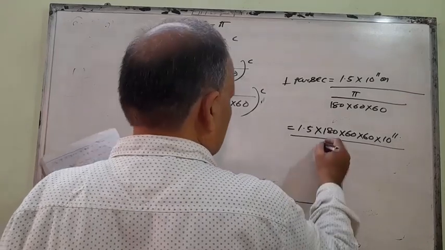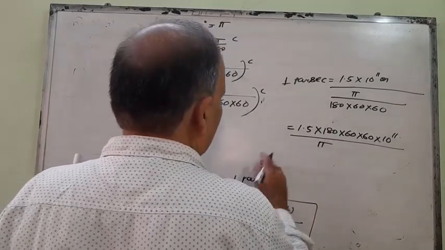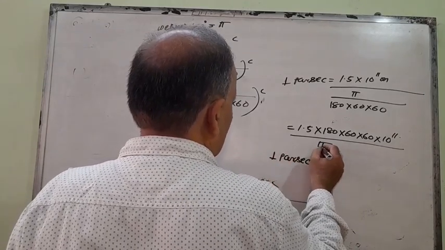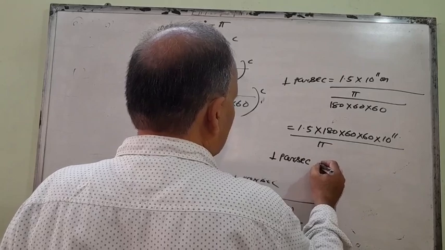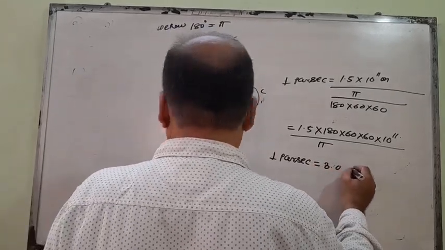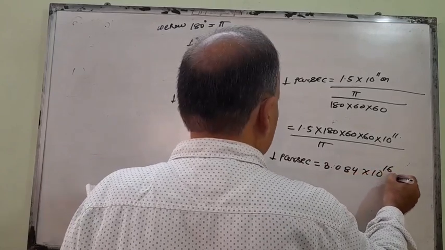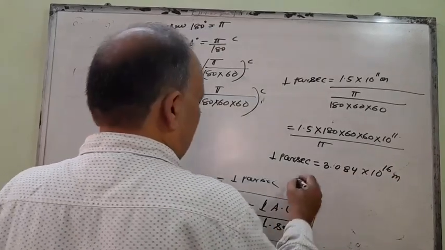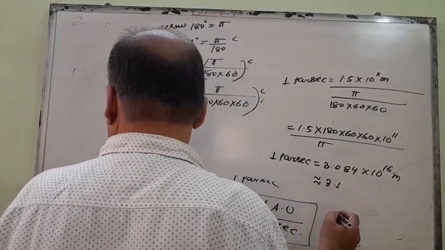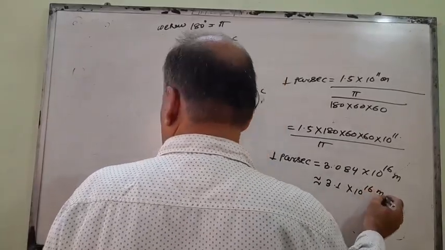Here pi is your pi, or we can put 22 by 7 also. So 1 parsec is equal to 3.084 into 10 to the power 16 meter, or approximately 3.1 into 10 to the power 16 meter.